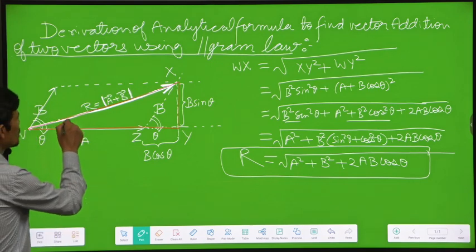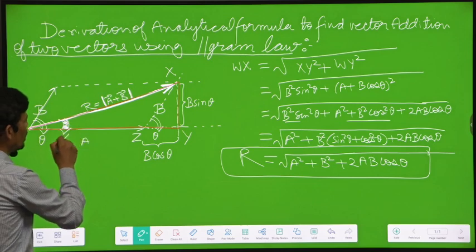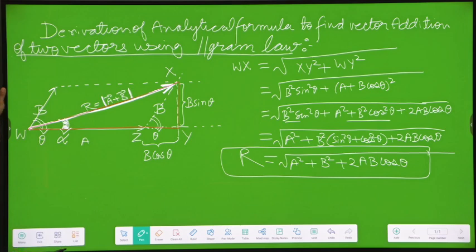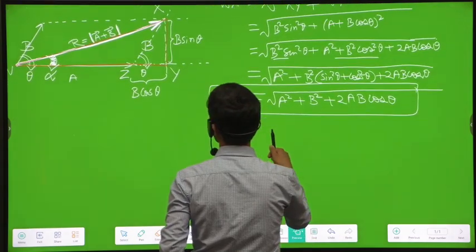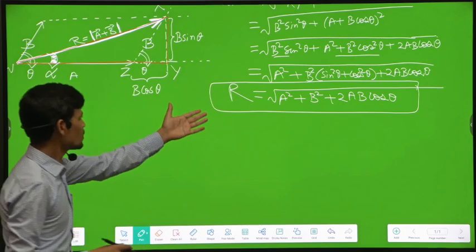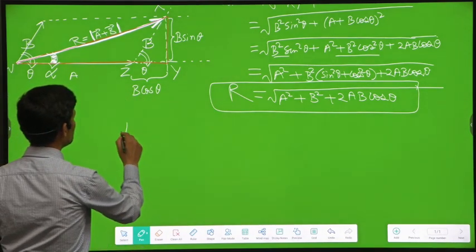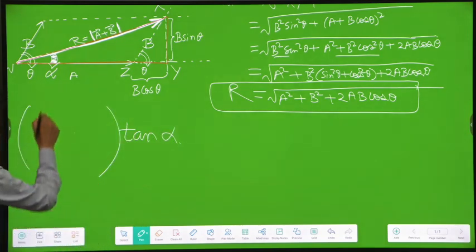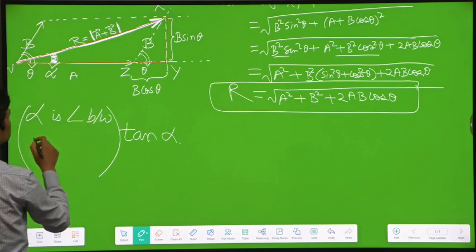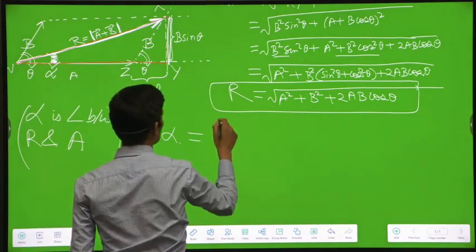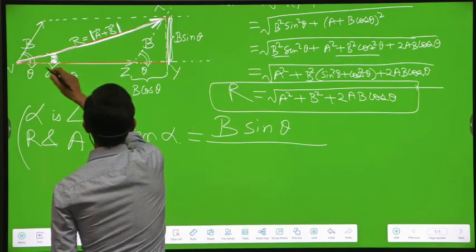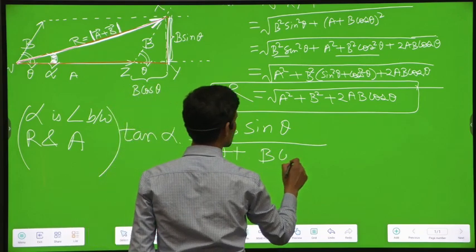So let us suppose this resultant is making an angle alpha, and don't get confused, because we already have this angle theta, but it is the angle between A and B. This alpha is the angle made by R with A. So to express the direction of R, tan alpha, where alpha is the angle between R and A, is equal to this perpendicular, B sine theta, upon this base, A plus B cos theta.